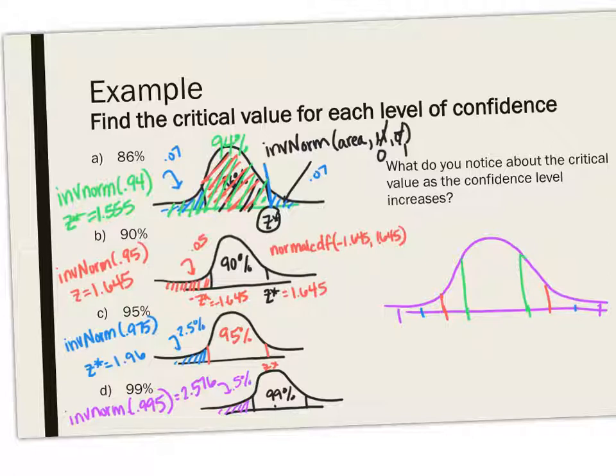It also increases. As your level of confidence increases, your critical value is going to increase as well, because it's making your interval wider and wider. And you're more confident if that interval is wider because you're going to capture more. So keep that in mind. The wider, the more confident you are, the larger the critical value has to be.